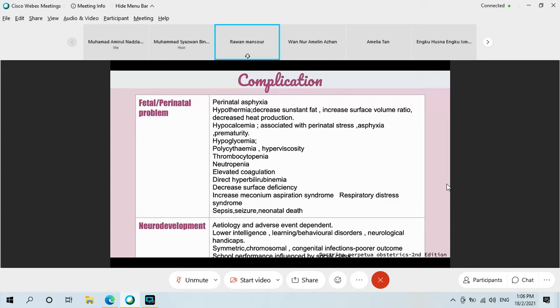Polycythemia and hyperviscosity increase the concentration of the blood and will also lead to more complications like clotting in the blood vessels.